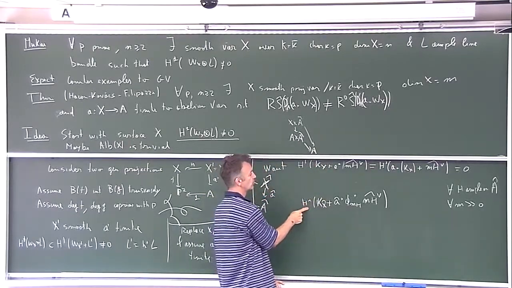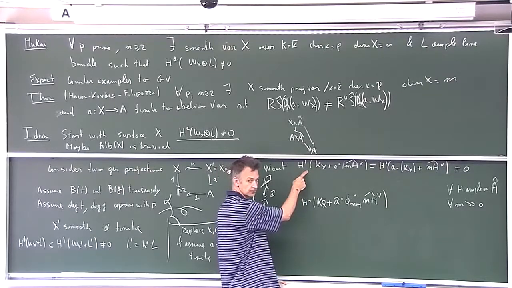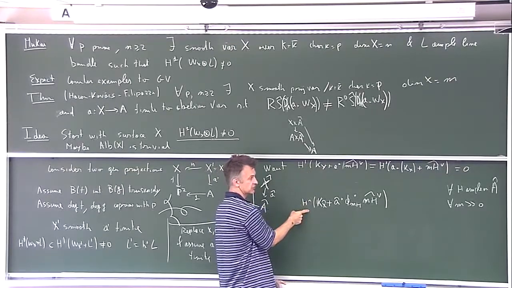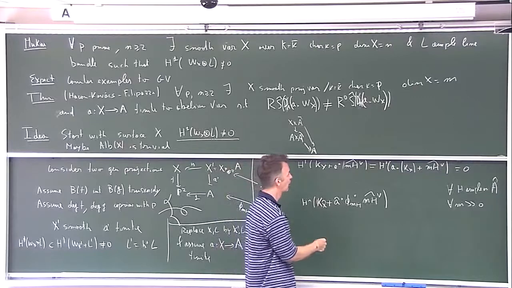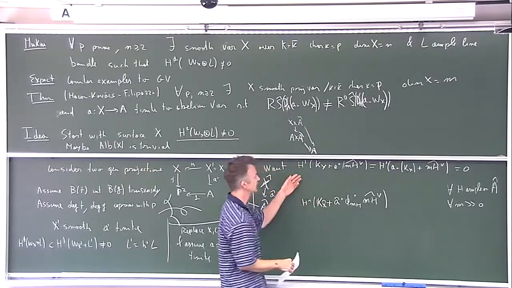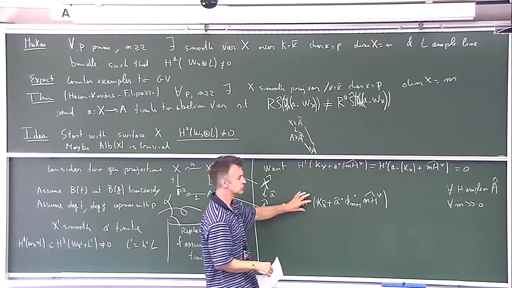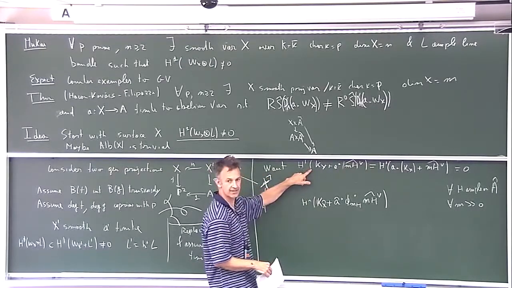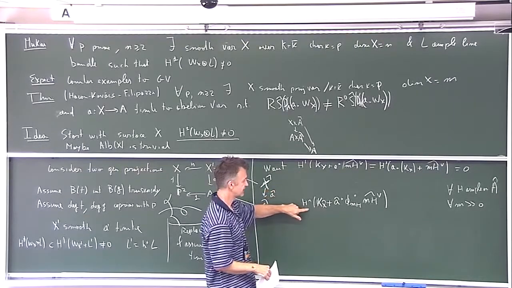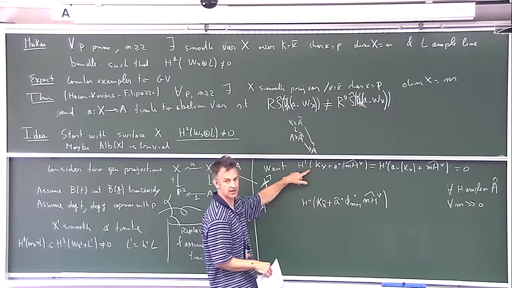This cohomology group is not equal to that cohomology group. This is a summand of this cohomology group. So the contradiction I'm looking for is to show that this group doesn't vanish. If I show that this group doesn't vanish, that does not necessarily imply that this group doesn't vanish.